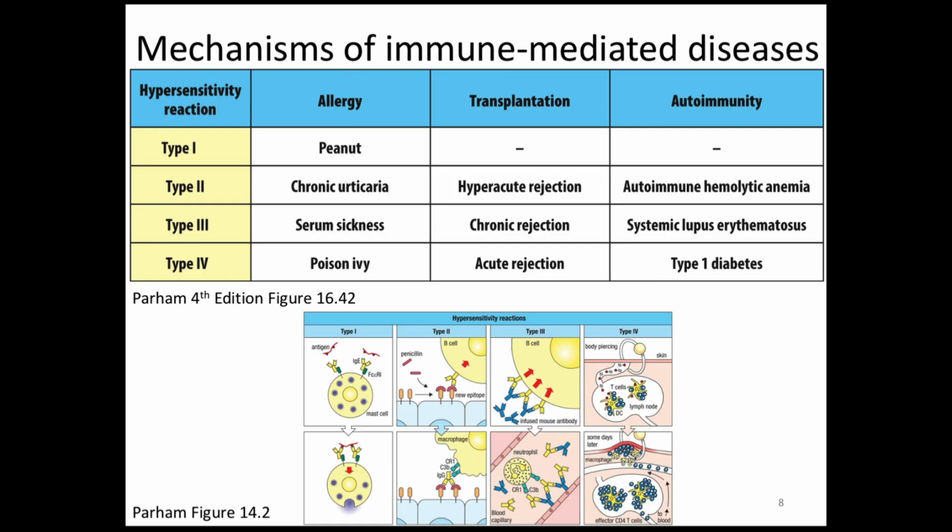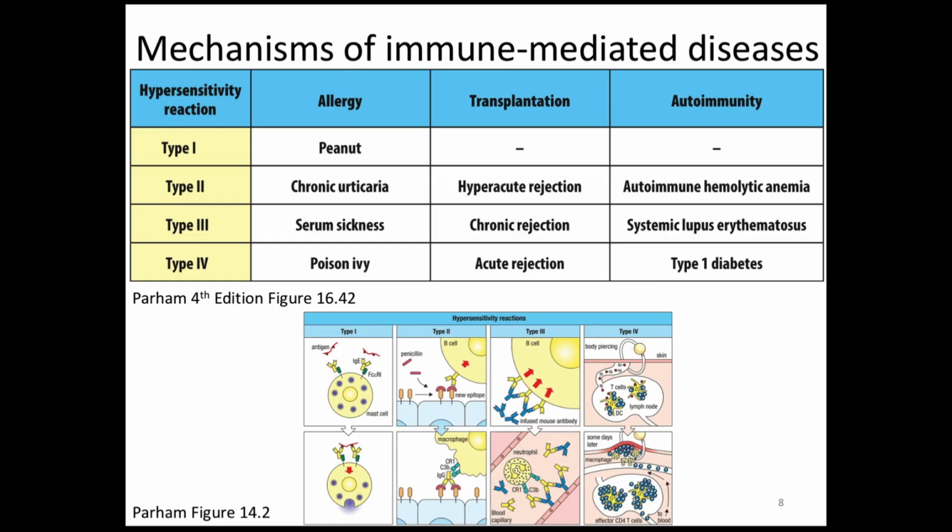And those differ based on what's the antigen. Is the antigen a self-antigen? Is the antigen a foreign, harmless antigen like pollen? Is the antigen someone else's kidney? In every case, the problem is too much inappropriate immune responses.